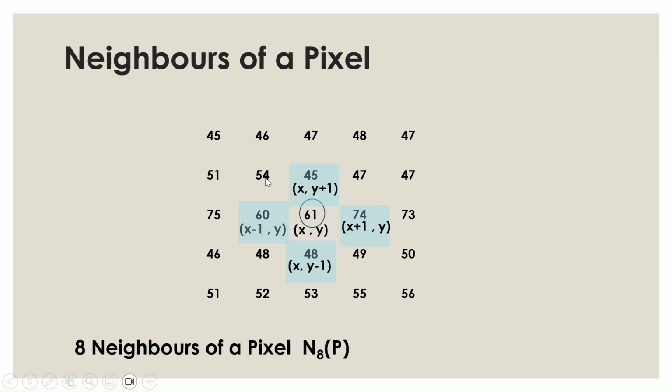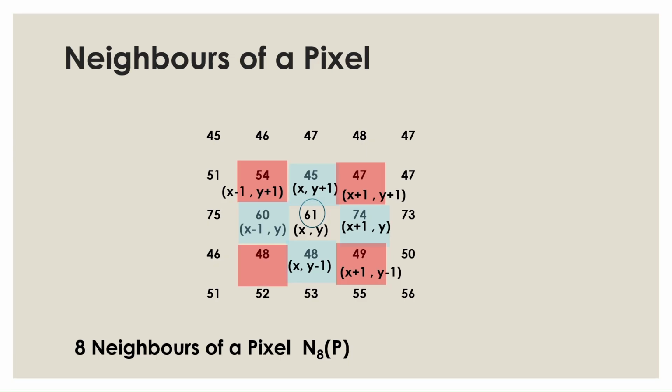So the 47 is represented as X plus 1 comma Y plus 1. 54 is represented as X minus 1 and Y plus 1. 49 is represented as X plus 1 and Y minus 1. And this 48 is represented as X minus 1 and Y minus 1. So all the 8 pixels which are surrounding the center pixel are called 8 neighbors of a pixel. So this is represented as N8 of P.